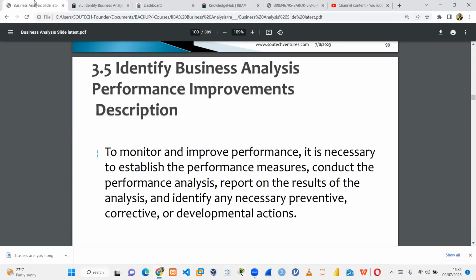Imagine some people's performance measure is that in a hospital, they should attend to only 50 patients per day. Is that a standard? Is that a good benchmark? Now, conduct performance analysis, report on the result of the analysis, and identify any necessary preventive, corrective, or developmental actions. Right? That's what we're trying to do in performance improvement.